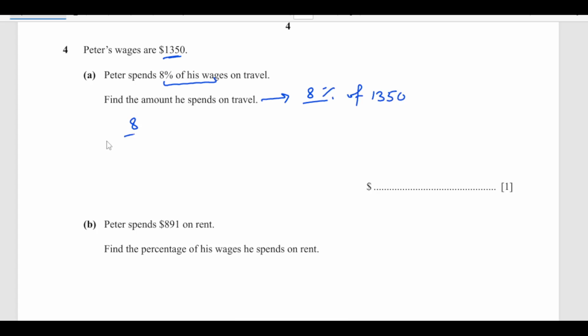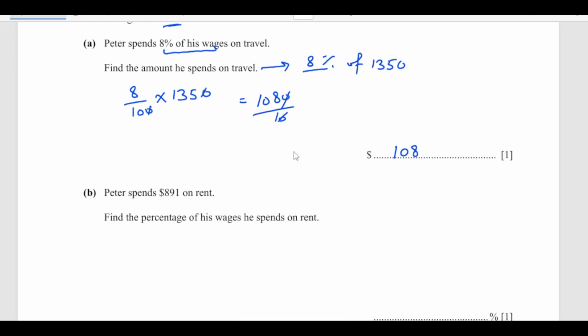So this will be 8 over 100 times 1,350. So you just calculate that. This is 1080 divided by 10. So 108 is the final answer, right?